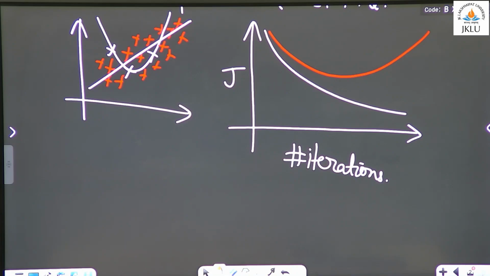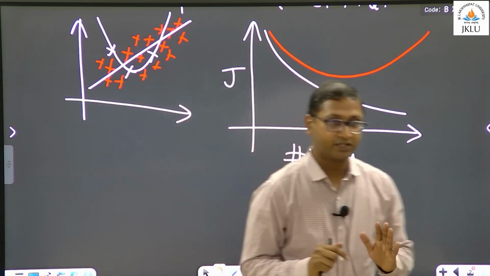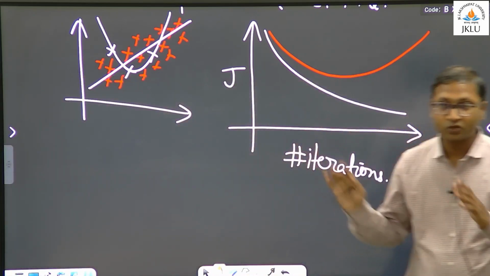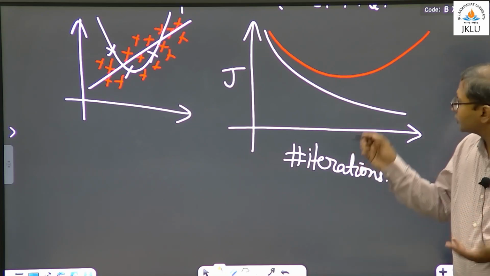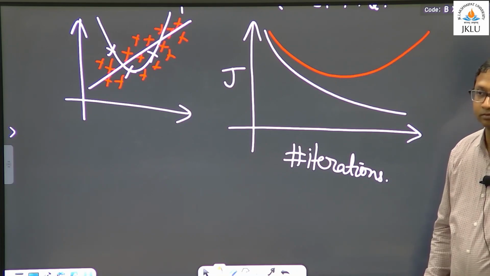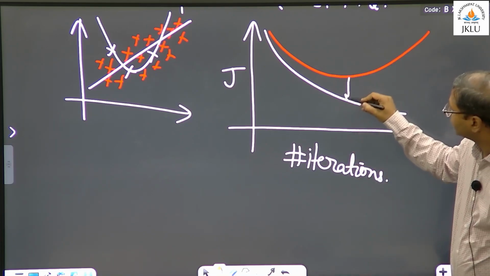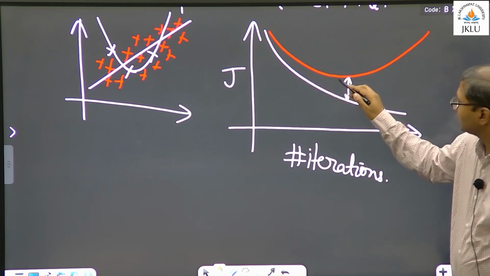I am saying early stopping has a regularization effect. So first of all, tell me where should I stop if I were to do early stopping? Somewhere here, or even closer? Can I even stop here?